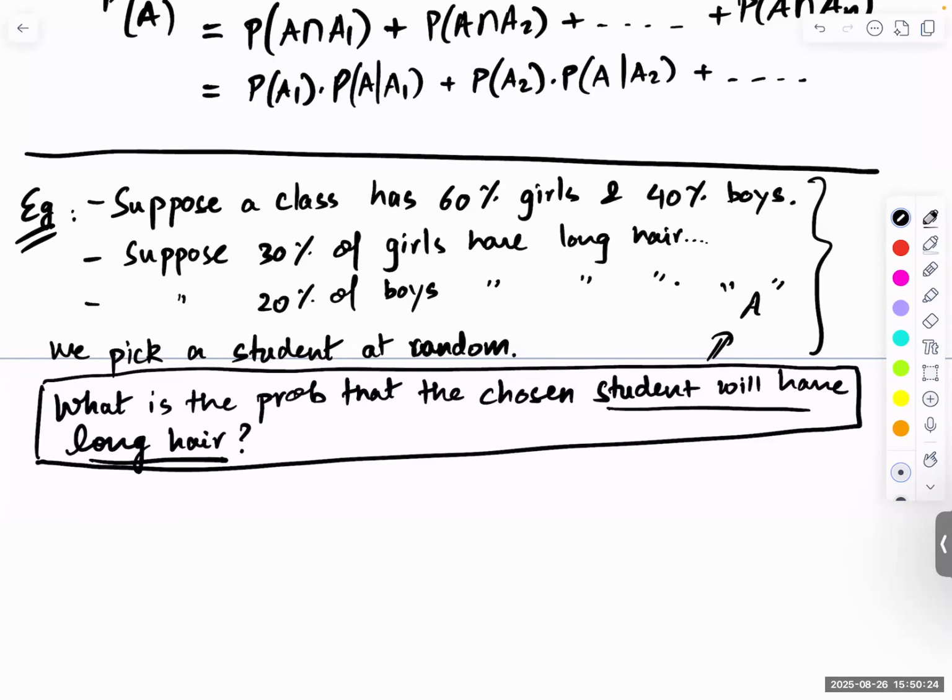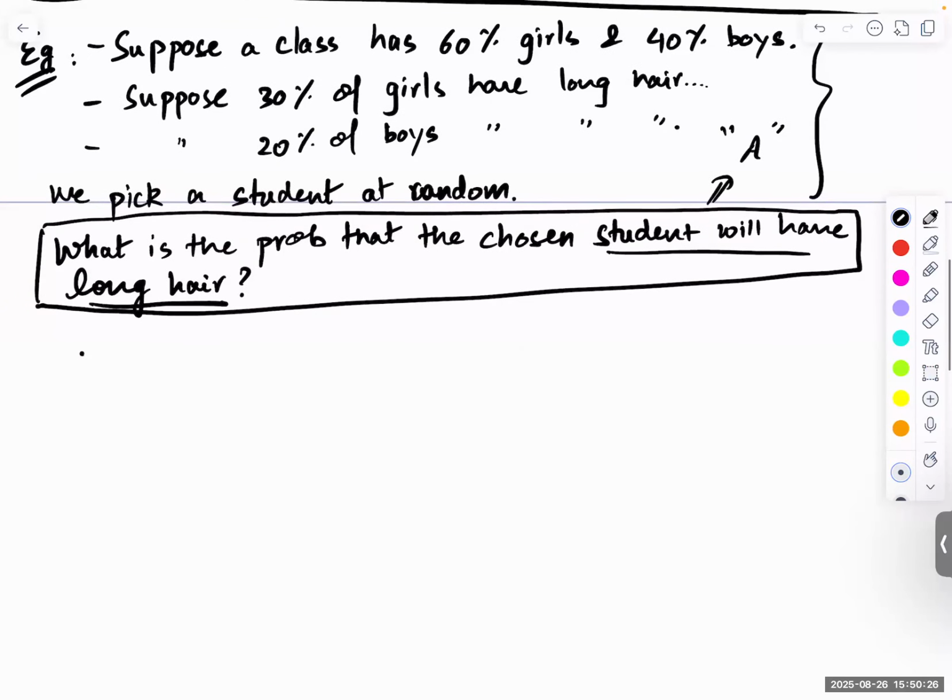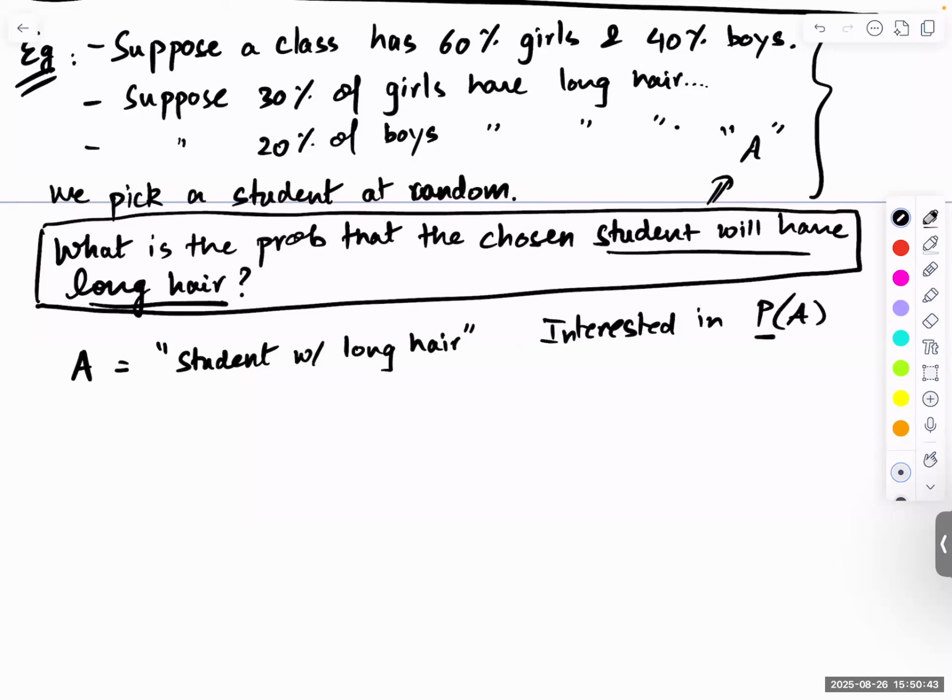Let's call event A as student with long hair. This is the event that we want to understand. So we are interested in P of A. Now, what is our sample space? Our sample space has students, out of which 60% are girls and 40% are boys. Now, clearly, this is a partition of the sample space. So we should define A1.